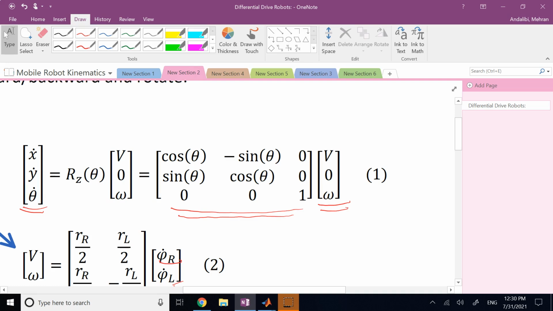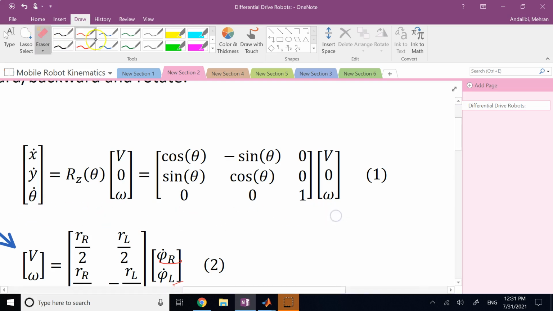That is true, because if we multiply, we get x dot equal to cosine theta times v plus negative sine theta times 0 plus 0 times omega, so you only get cosine theta times v, that's x dot. Then we can say now y dot is what?